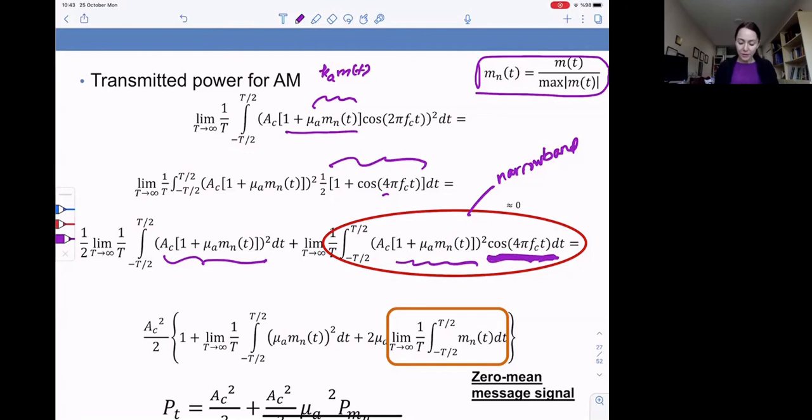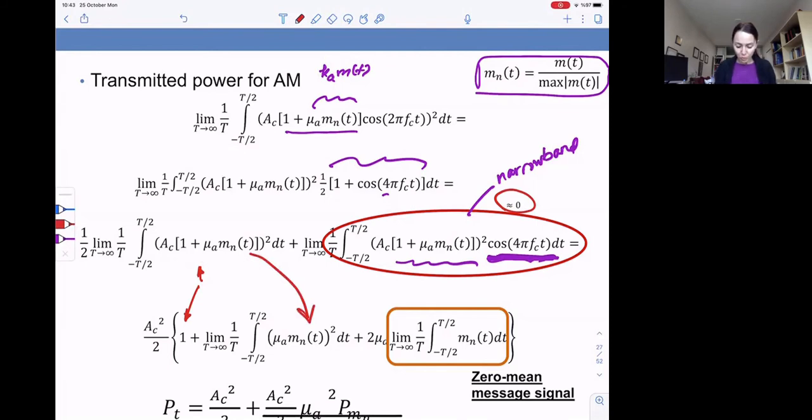Okay, so this term is approximately 0 then. And we have this term to worry about. And now let's look at that by breaking it into 1 plus the mu a mn of t squared terms.